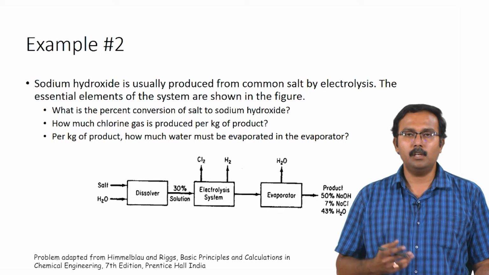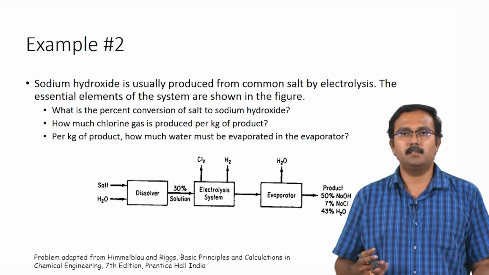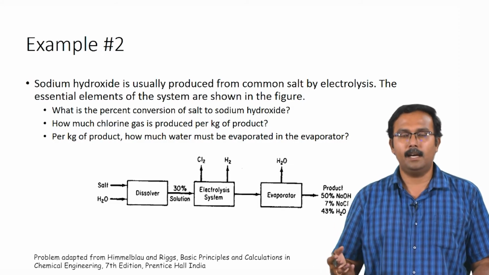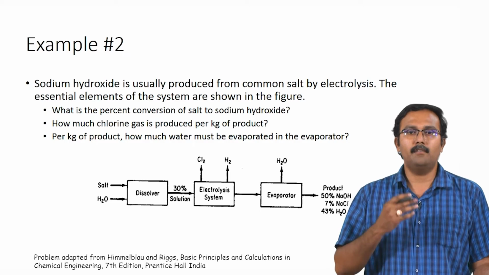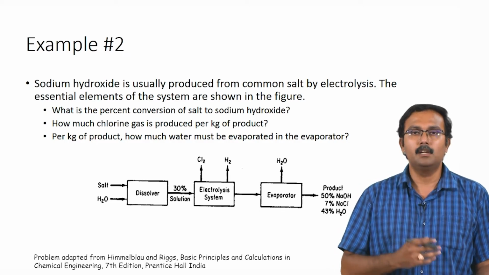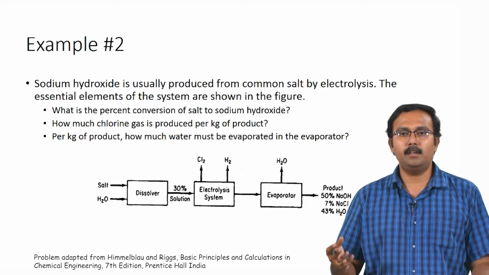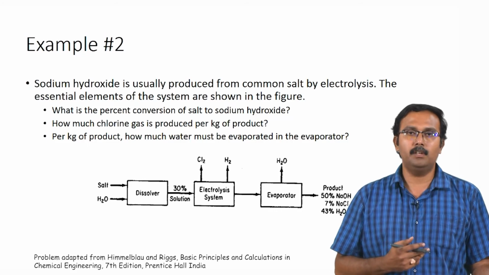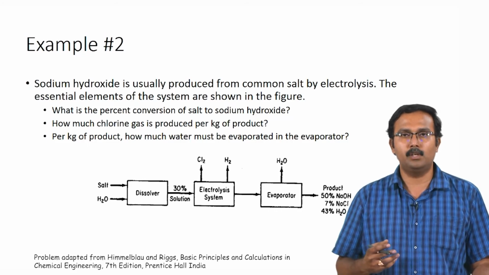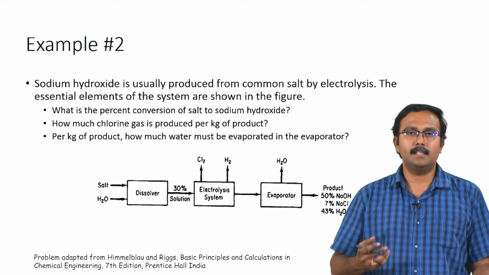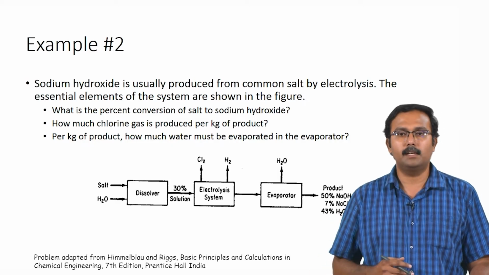So, the salt solution which is fed to the electrolysis system is reacted to form sodium hydroxide, chlorine and hydrogen. You have a salt solution which is prepared using a dissolver. Before the salt solution is fed to the electrolysis system, the salt and water are mixed in a dissolver to produce 30% salt solution, which then enters the electrolysis chamber and gets electrolyzed to produce sodium hydroxide.